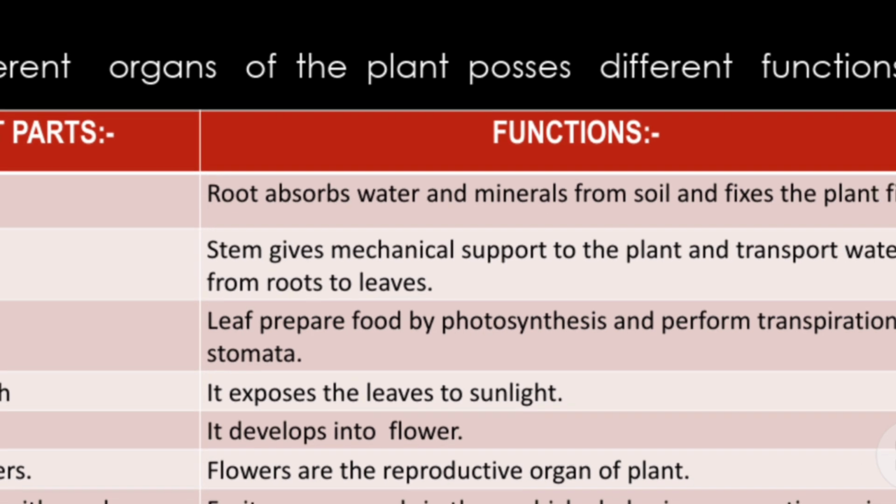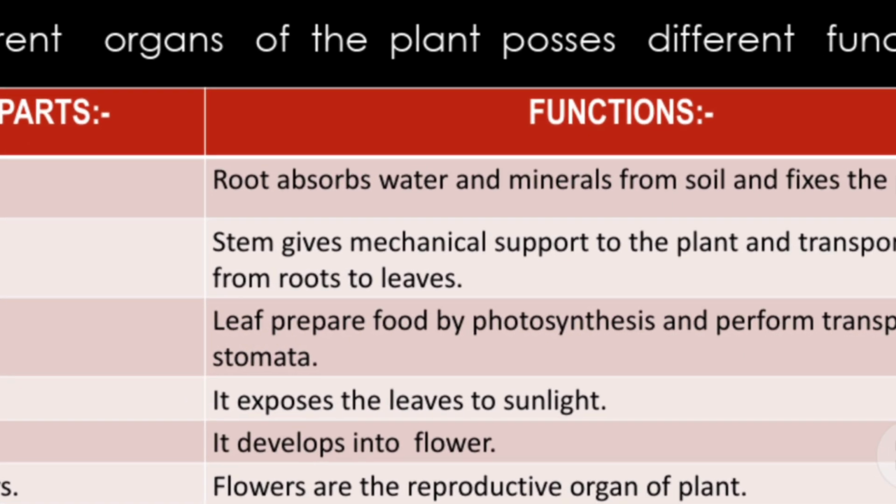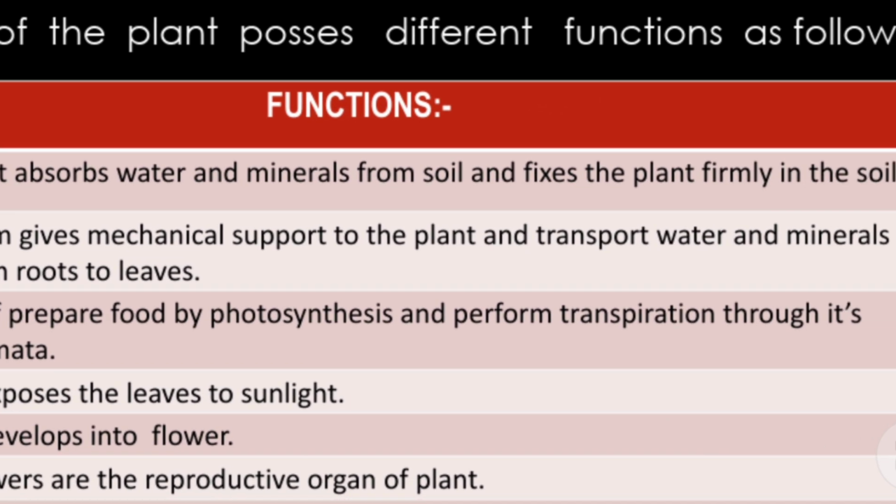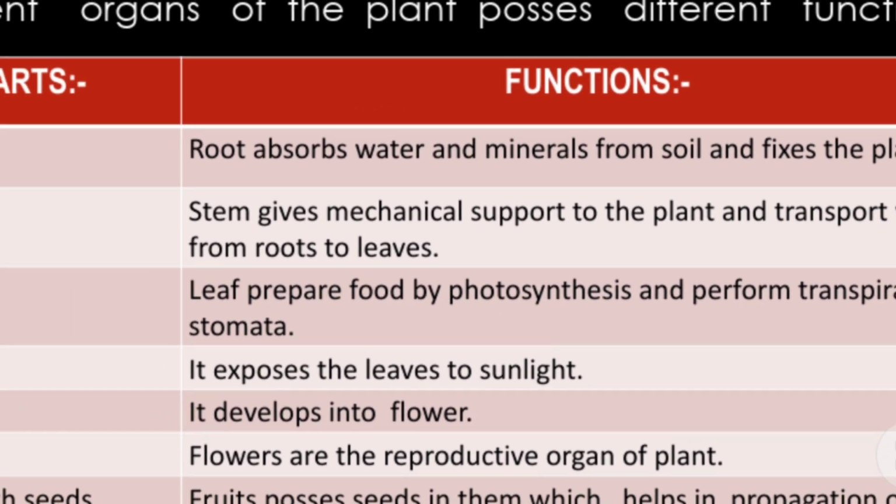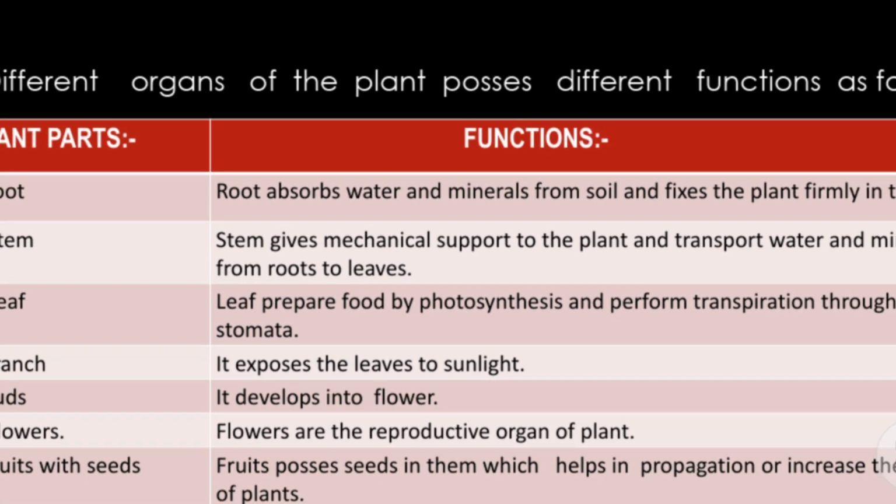Now the next plant part is the leaf. Leaves are green in color. They prepare food by photosynthesis and perform transpiration through their stomata. So leaves are the food factory of plants.